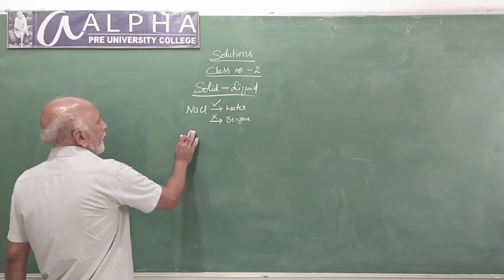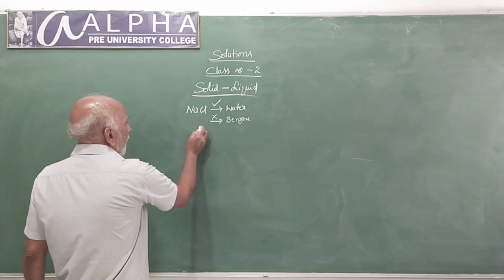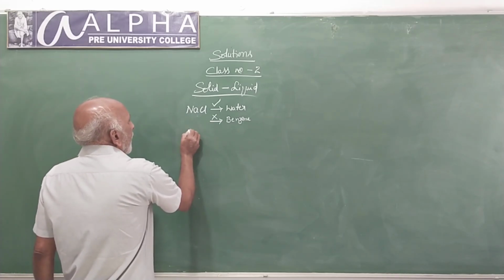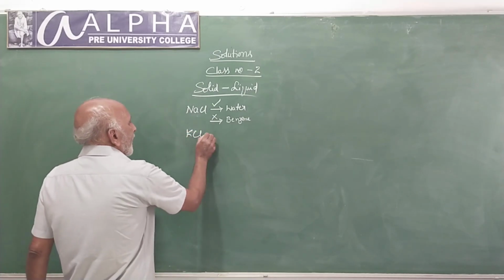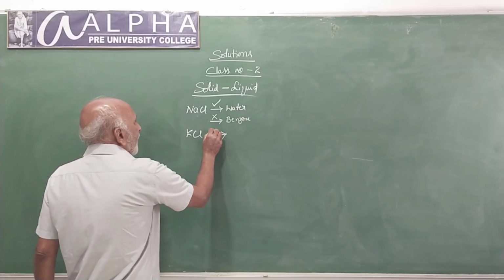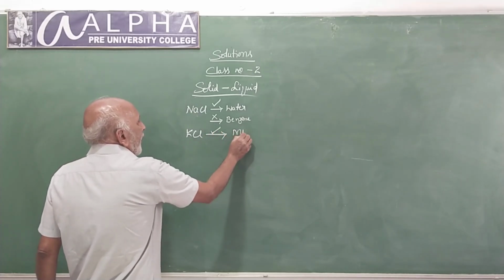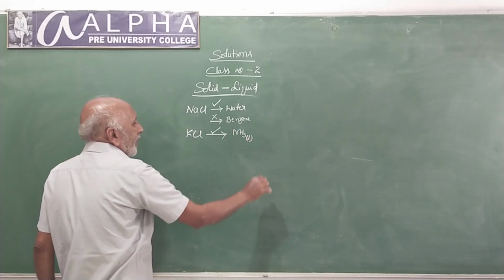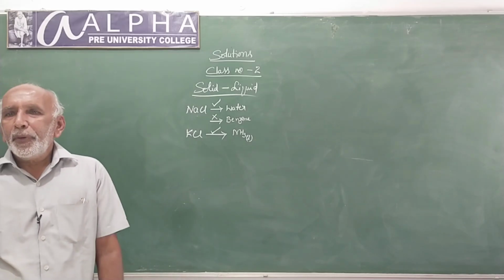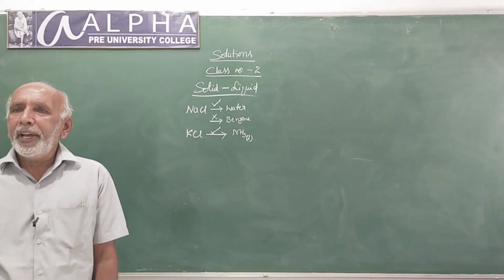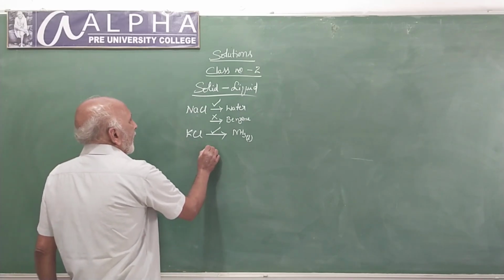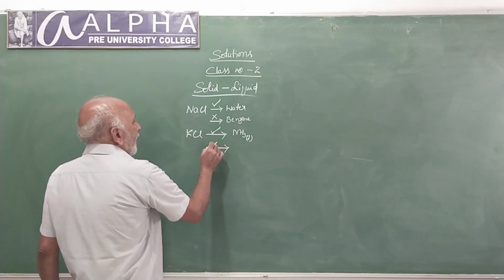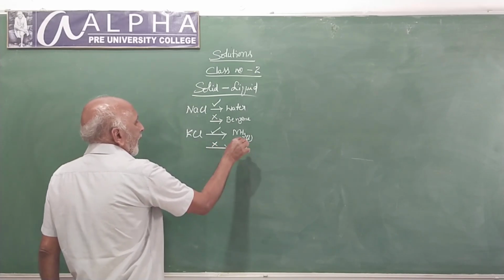Similarly, just say here, KCl, potassium chloride. It dissolves in liquid ammonia as solvent. Potassium chloride dissolves in liquid ammonia solvent, whereas it does not dissolve in carbon tetrachloride.